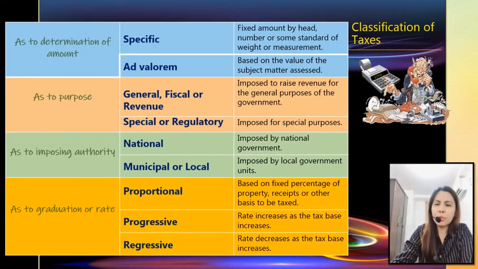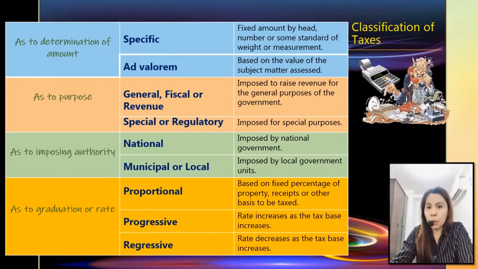And some of our customs duties are based on weight or unit of measurement. Ad valorem. Now, this is based on the value of the subject matter assessed. Income tax, based on the amount of the income you earn. That is ad valorem. Real property tax, based on the value of the property. That is also ad valorem. Estate, donors, value-added tax, these are ad valorem tax.